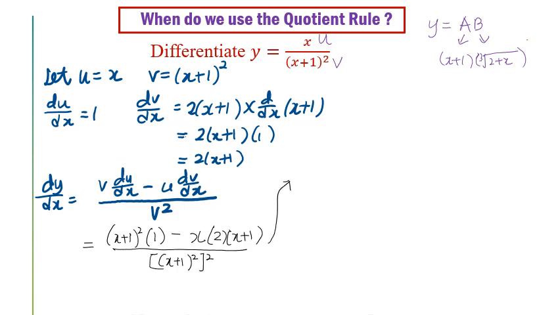Right, so let's simplify. Don't need to expand. If you see there's a common factor, there are 2 terms here and then this 1. So I can just take out one of them, which will be just x plus 1. If I take out one of them, I'm left with one of them. And 1, of course, is still 1, I don't have to keep writing it. And then for this one here, I take out the only one there, so I'm just left with 2x.